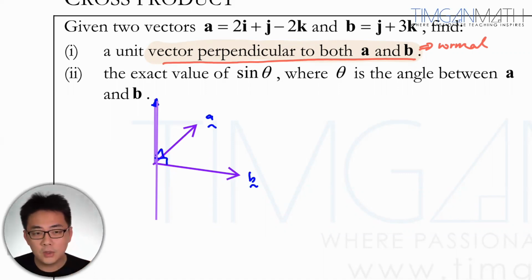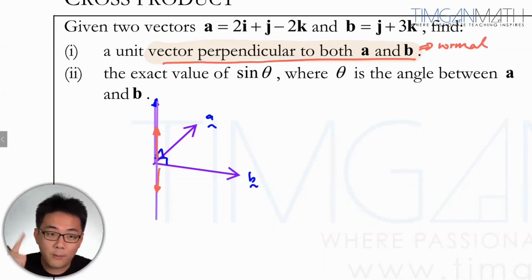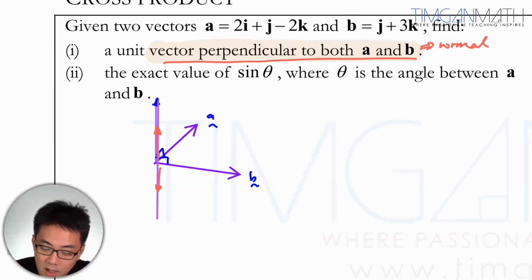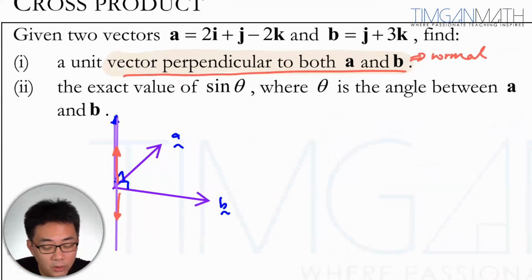And because you want to find the normal, you remember Fleming's left-hand rule and right-hand rule. In order to find this pointing upwards, you just find A cross B or B cross A. A cross B or B cross A will give you one pointing upwards or downwards. It doesn't matter, whichever you use is fine. You can use A cross B. In your syllabus, you're not required to know whether A cross B is pointing upwards or downwards.